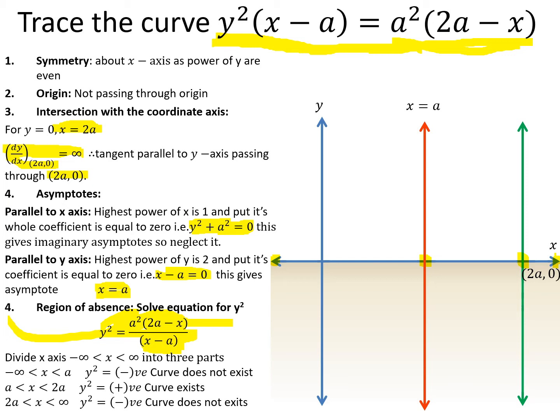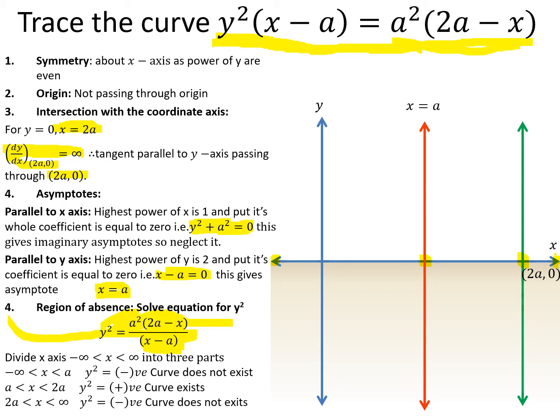Now we will write it mathematically and check whether y square is negative or positive. The first part is x greater than minus infinity but less than a. If x is less than a, then obviously 2a minus x is a positive value. But if x is less than a, then x minus a is a negative value. So y square is positive upon negative, which is negative, so the curve does not exist.